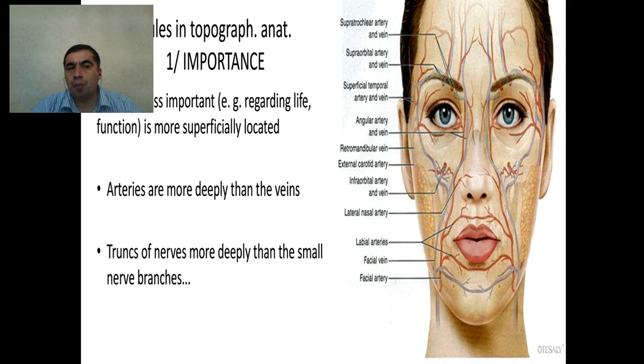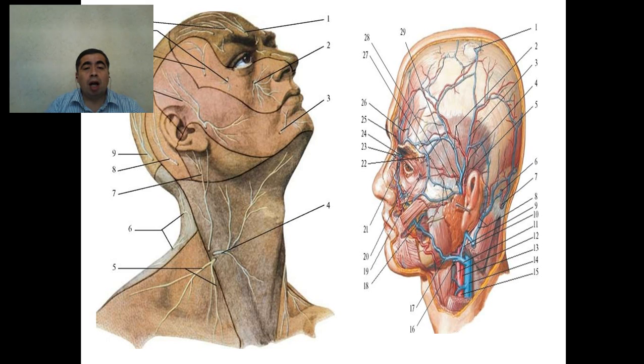You have to know that the structure less important regarding life function is more superficially located. It explains why the arteries are deeper than the veins and the trunks of the nerves deeper than the small nerve branches. Important structures are deeper. Again, you are looking at the regions.